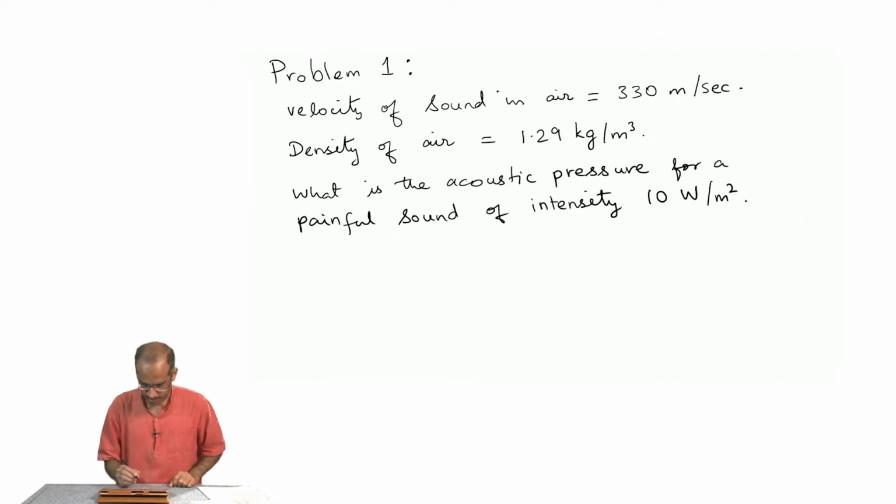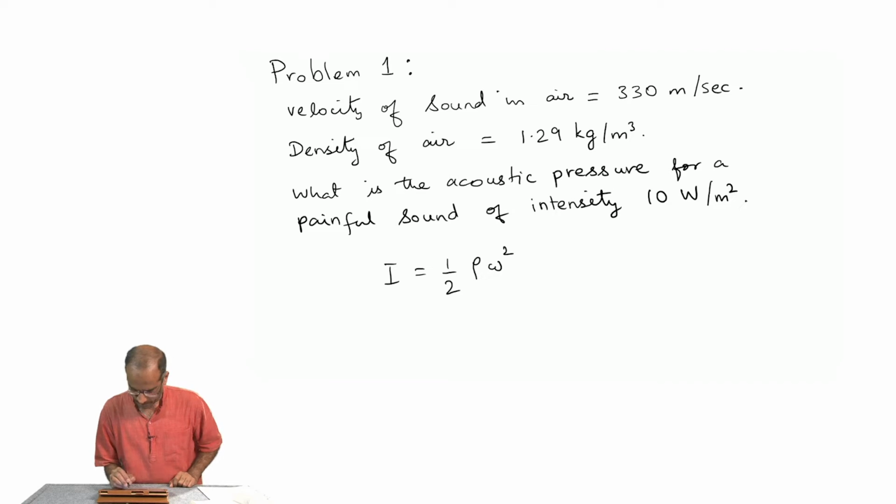So, let us collect two of the formulas that we know. So, one is I is equal to half rho omega square C, C is the velocity of sound, y max square.